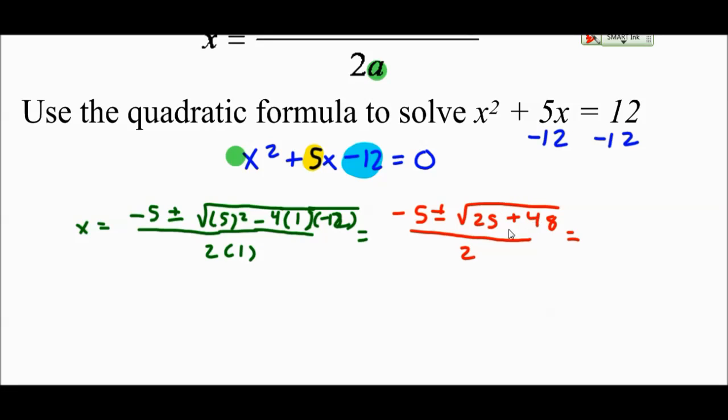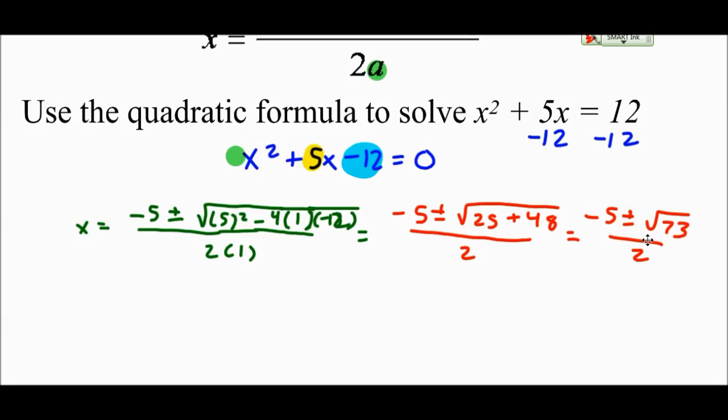Continuing to simplify, I'm going to simplify under the radical. So I'm going to do 48 plus 25, which is 73. Negative 5 plus or minus the square root of 73, over 2. Now, if I could simplify the square root of 73, I would. But 73 is definitely a prime number.